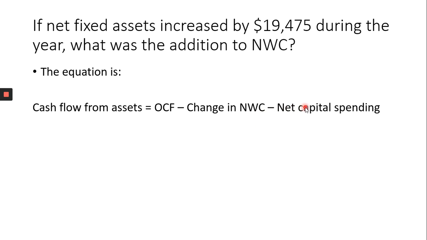So in order to find the changes in NWC, or net working capital, we need to find the cash flows from asset because it is not given, and we need to find the net capital spending because it is not given. OCF, operating cash flows, is already given in the question, so you just plug the number in.